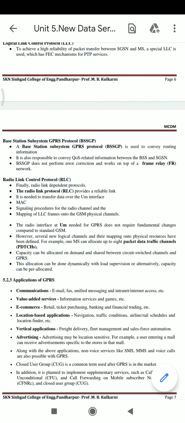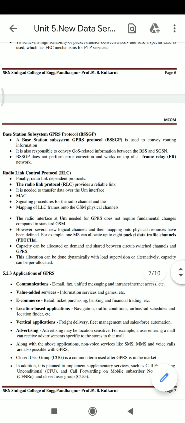The capacity can be allocated on demand and shared between circuit switched channels and GPRS. This allocation can be done with load supervision, or alternatively capacity can be preallocated. These two points we can combine: the allocation of channels can be done on demand and shared between the circuit switched channels and GPRS.